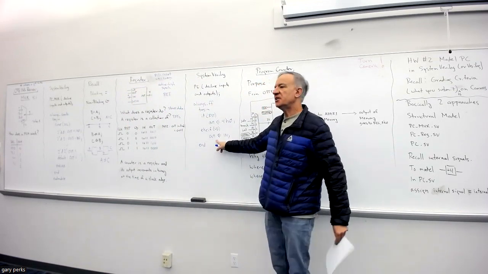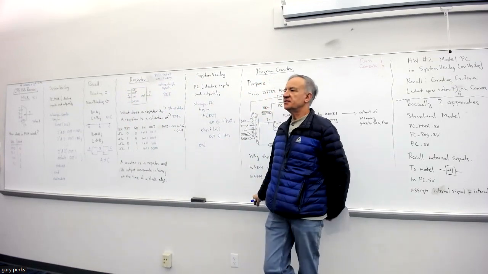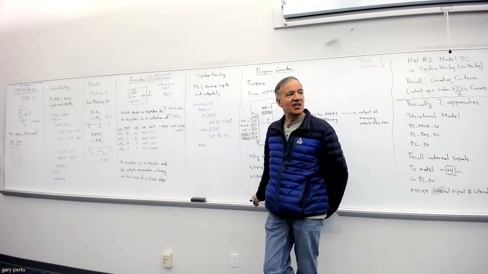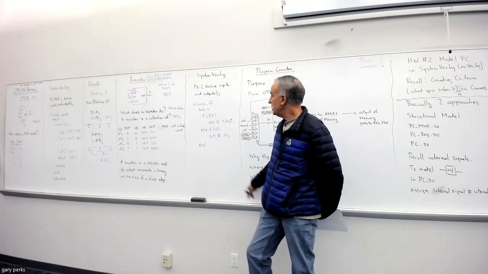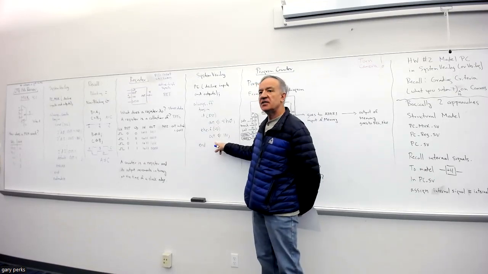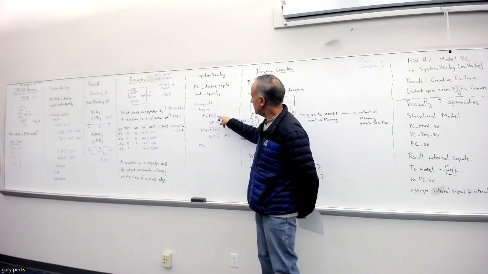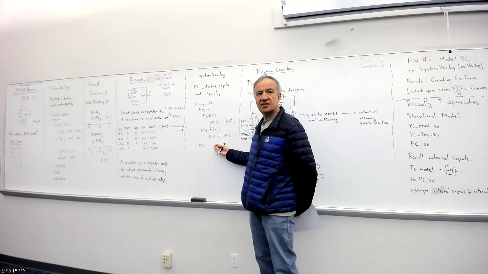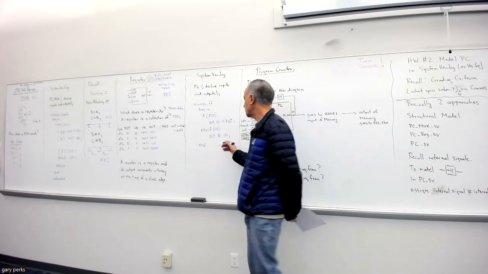Why am I not putting an else? Right, because remember, that's how you can generate a latch in Verilog or SystemVerilog. You have an if statement without an else. So you see, we're not resetting, we're not loading, we're storing. By not having an else there, that's stored.